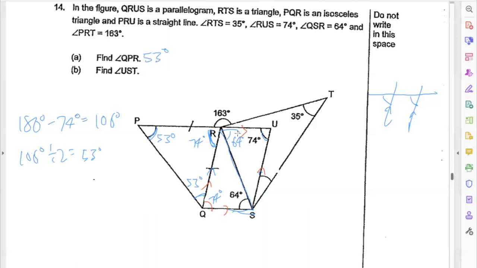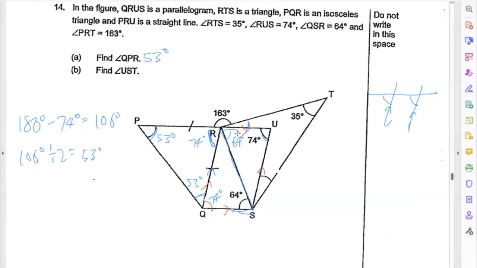Next, they are looking for UST. So they're looking for this angle. First, let's find out what this angle is.